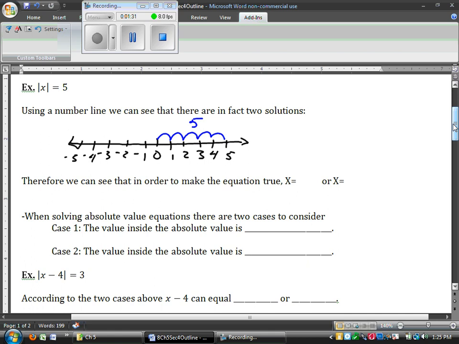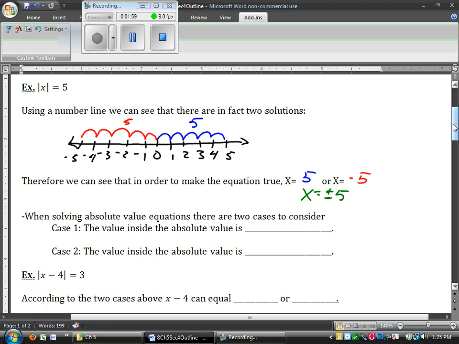And we know that the distance from 0 to negative 5 is 5. Therefore, in order to make the equation true, x is equal to 5 or x is equal to negative 5. The easier way to write that is x equals plus or minus 5, where you just put both signs in front of the 5.